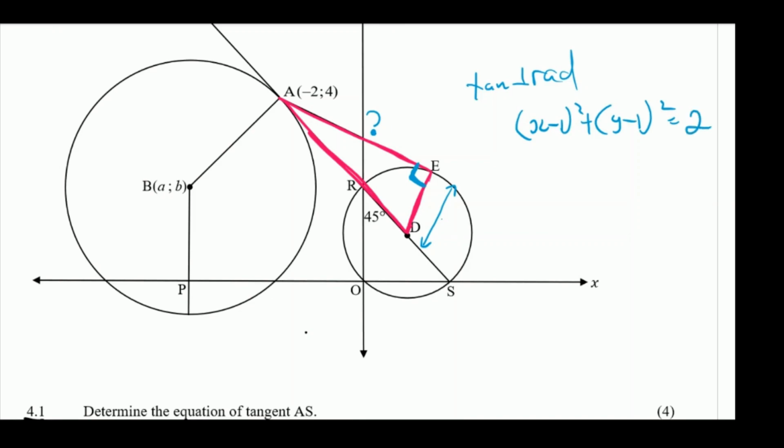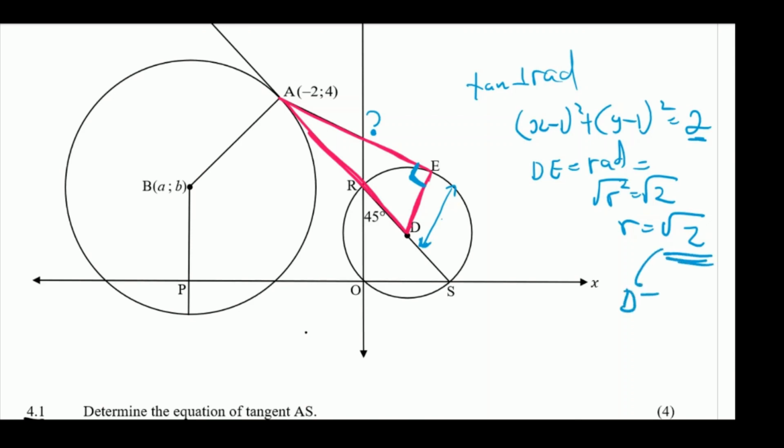DE is equal to the radius of the smaller circle, so r squared equals 2 and r equals root 2. So DE equals root 2.